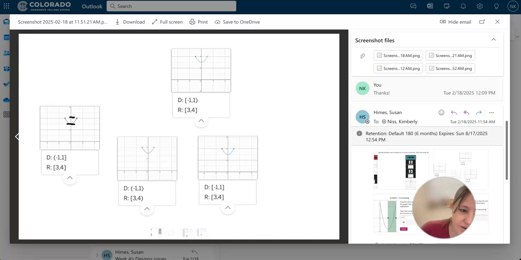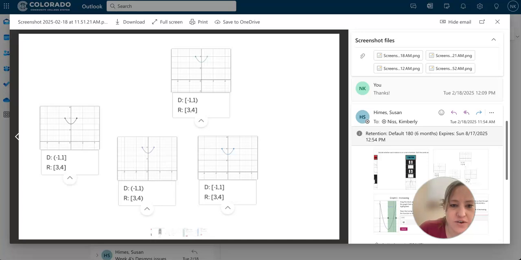The reason that 3 and 4 both have a bracket is because this dot over here is filled in, which basically, because it's the range and it's just your corresponding y values, overrides this open circle, because it's saying that the point at y equals 4 has a filled in circle no matter what, so it is included in the graph. And so that's how you do domain and range.